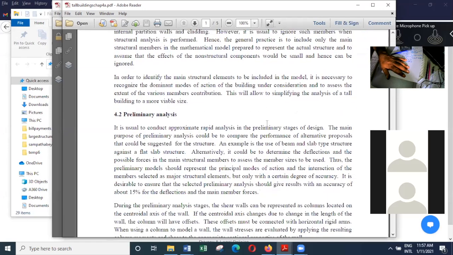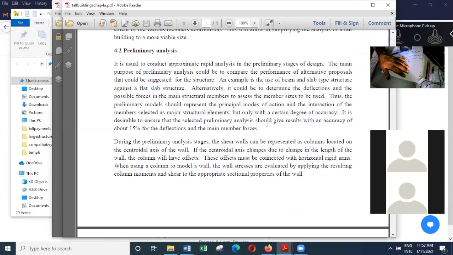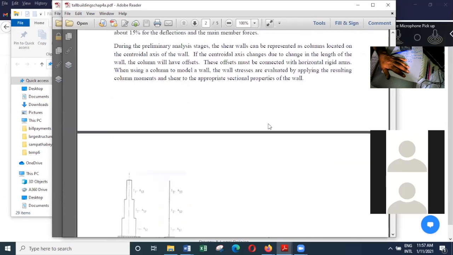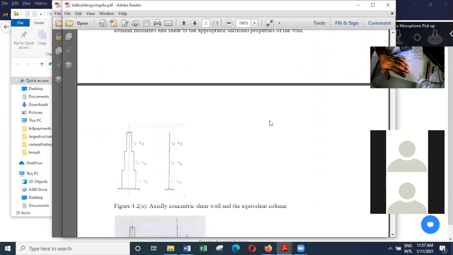So when you are conducting preliminary analysis, there's only one or two things that I want to show. If you want to get some idea about the moments on shear walls and so on, then you can replace all the shear walls by using columns, where the column I value will be high.